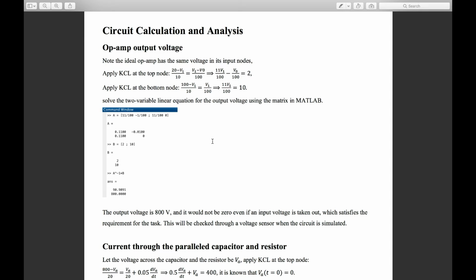And solving the two variable linear equation using the matrix, we have the result of 800 volt. And apparently the output voltage will not be zero even if one of the input voltage is taken out. And this satisfies our pre-requirement for the task. We will check this out through a voltage sensor during the simulation.